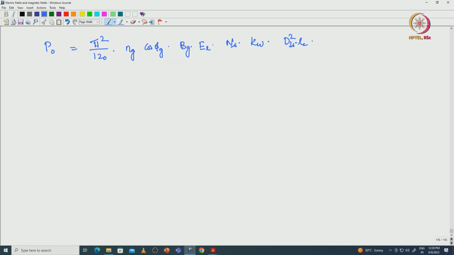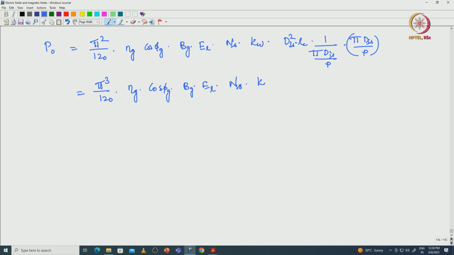Here just add 1 by tau p and pi d by p, multiplying and dividing by pi d by p, that is pole pitch. Then finally it will result in pi cube by 120 efficiency cos phi, magnetic loading, electric loading, synchronous speed, winding factor and DIS cube into aspect ratio LE by tau p.